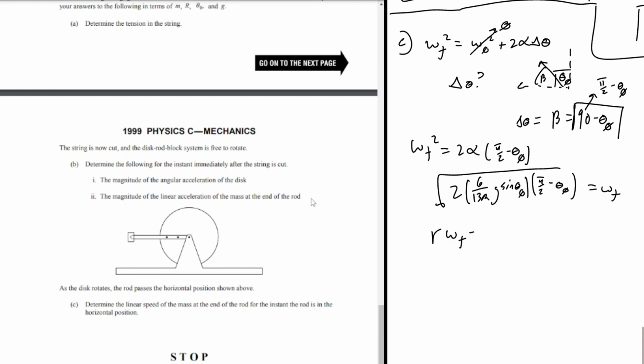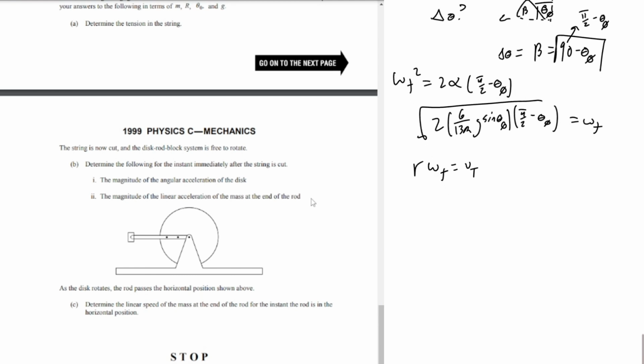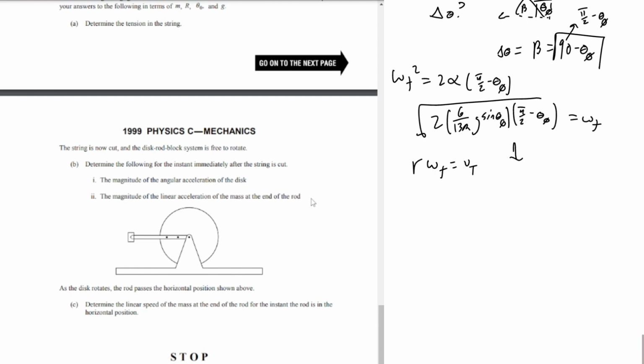Now we know r omega final equals v translational. So we'll multiply by r. So I'm going to say r square root, and I'm going to multiply all this out. I'm going to get 12 over 13 r g sine theta times pi over 2 minus theta naught is equal to v translational. Well, I know r is equal to the square root of r squared.